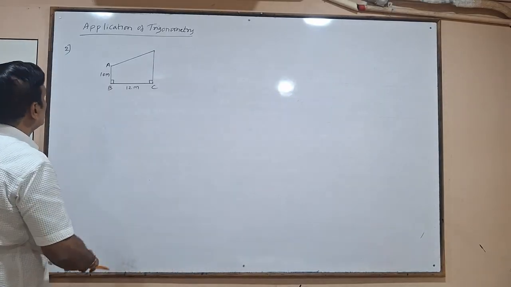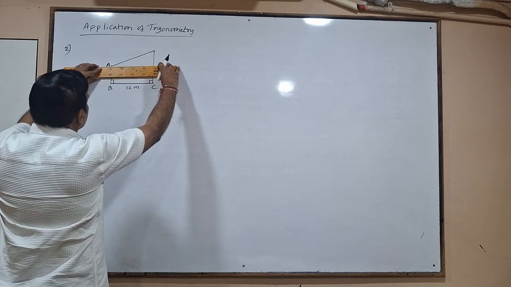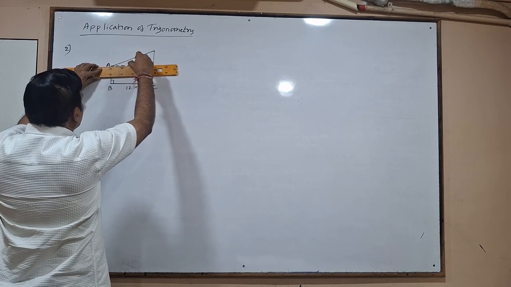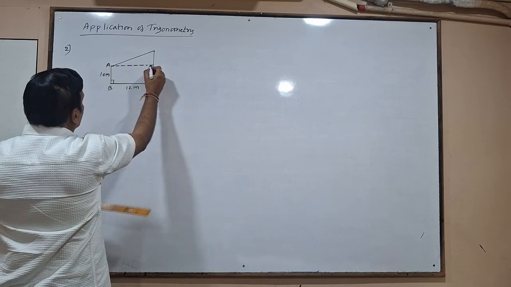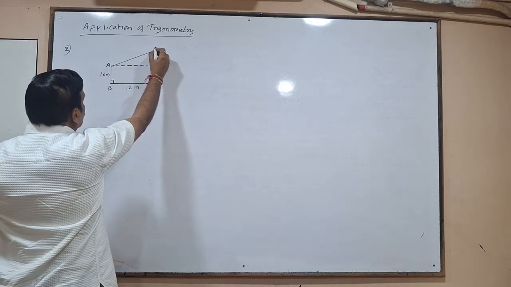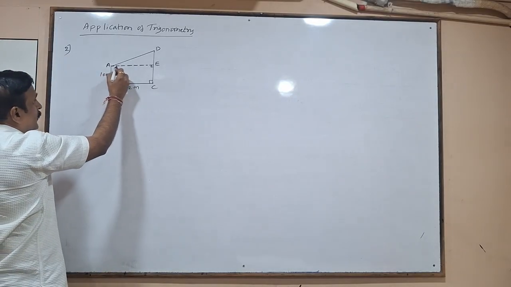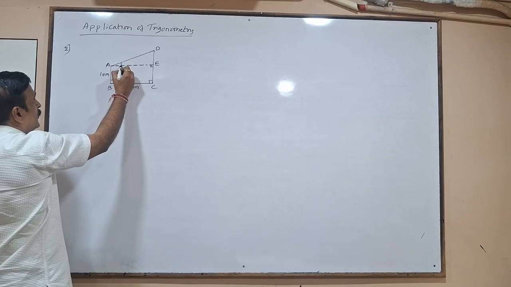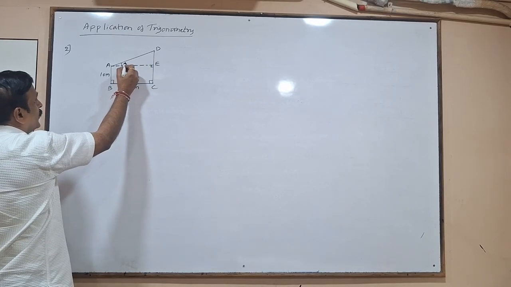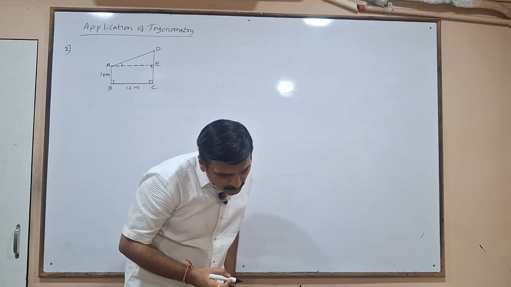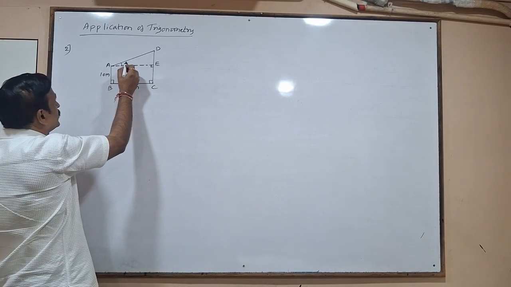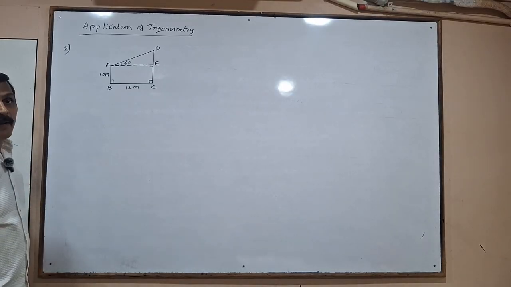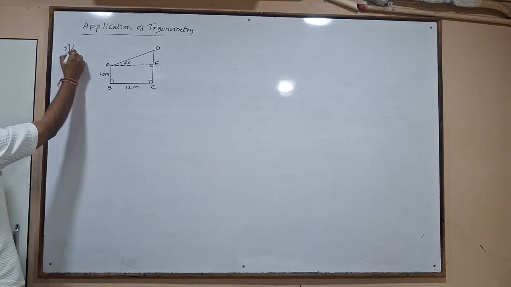So for that, we will have to draw this perpendicular from A, which is our line of vision. Now, with respect to this line of vision AE, the angle of elevation to the top of the second building is measured as 60 degrees.